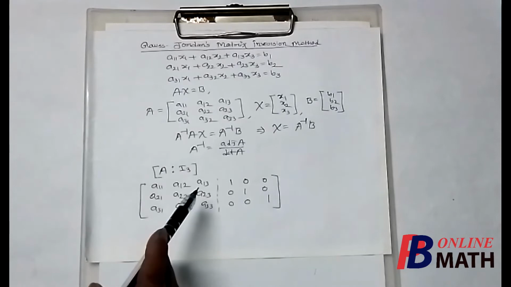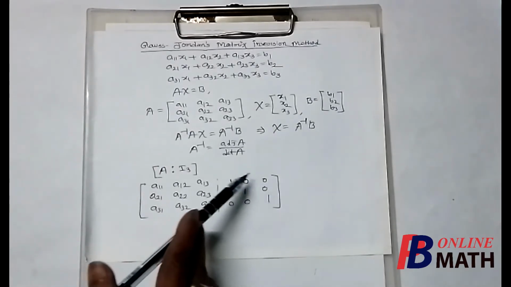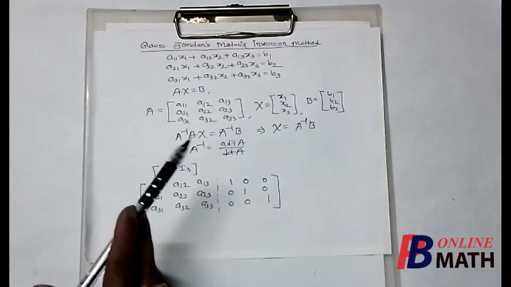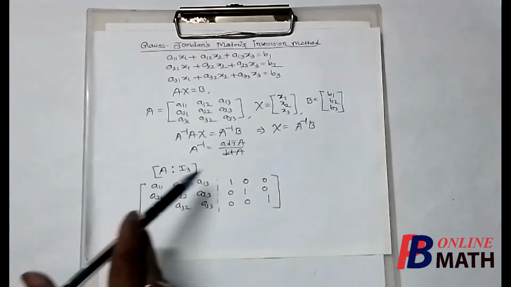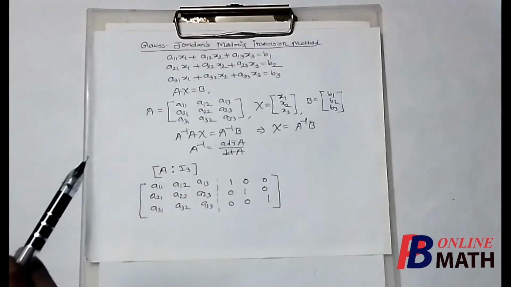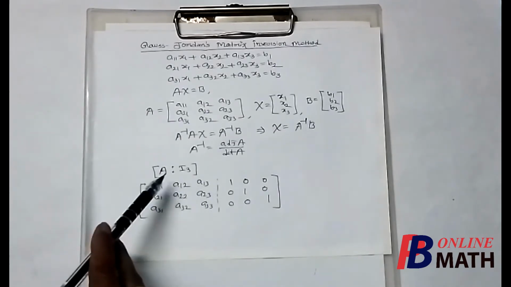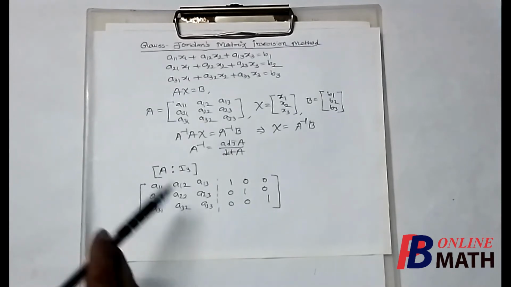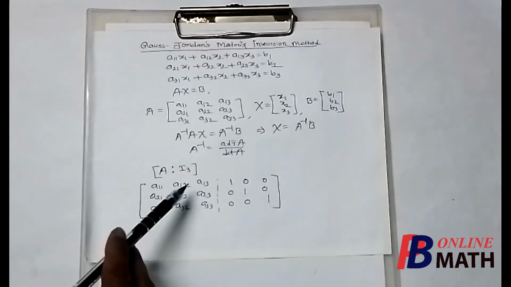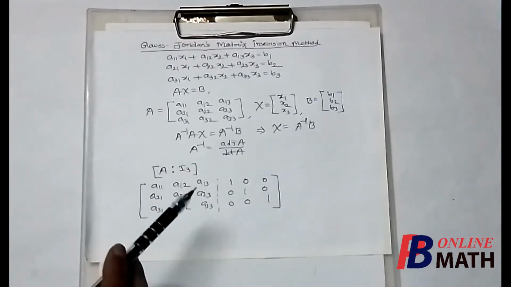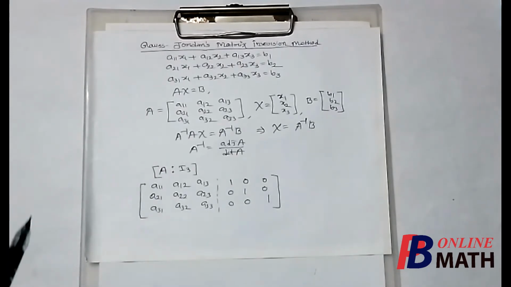If we can convert this matrix to an identity matrix, then the corresponding matrix on the right hand side will be the inverse of the matrix A. So remember, we shall apply elementary row operations on this entire augmented matrix such that our target will be to reduce this matrix on the left hand side, that means the coefficient matrix. So we have to convert or reduce the coefficient matrix to an identity matrix, then the corresponding matrix on the right hand side will be the inverse of the matrix A.